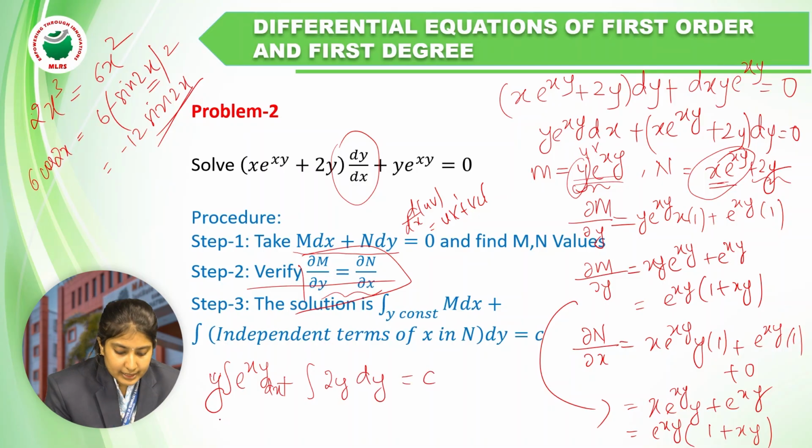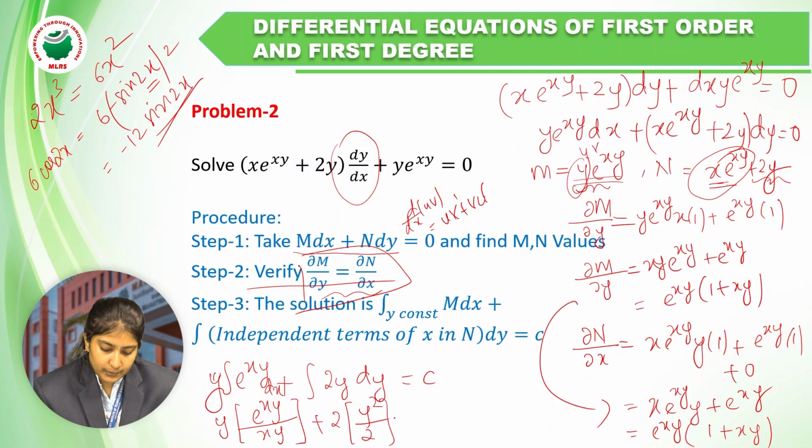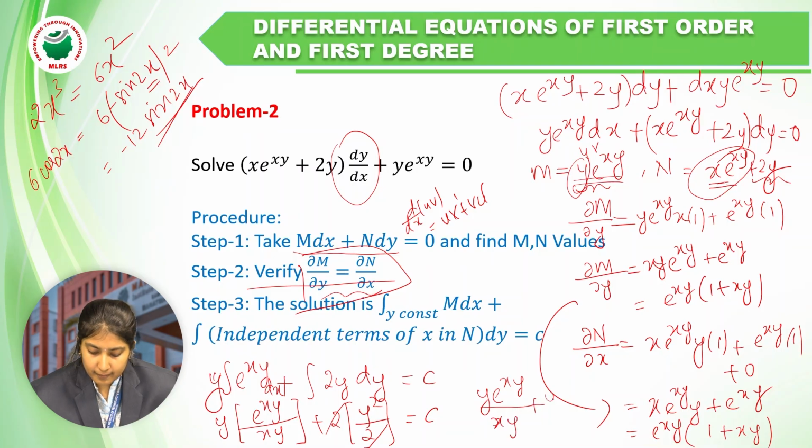So the integral of e power xy, we have the formula e power xy by xy, right? Plus 2 into y square by 2 is equal to c. xy plus y square is equal to c.